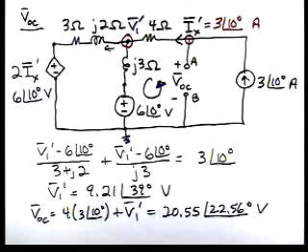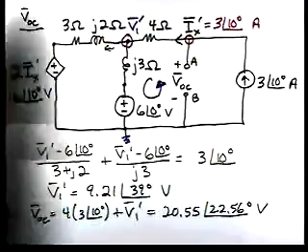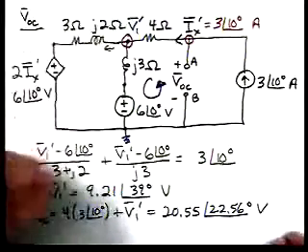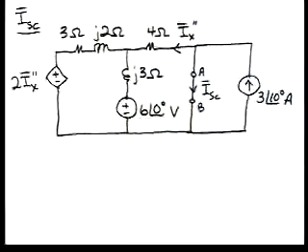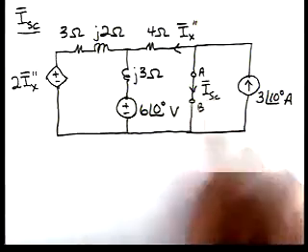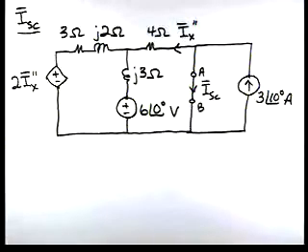Now we need to find the short circuit current because we've got a dependent source. So we're going to take our circuit and connect A and B together with a short, and find the short circuit current. So here's our circuit diagram. Notice we've got a short between terminals A and B. And again, let's think about nodal analysis.